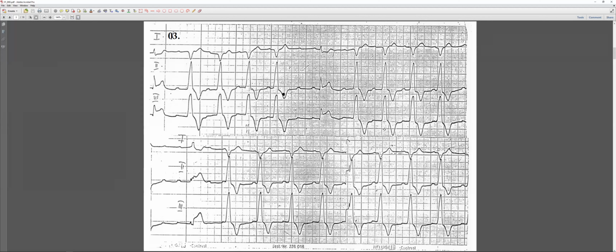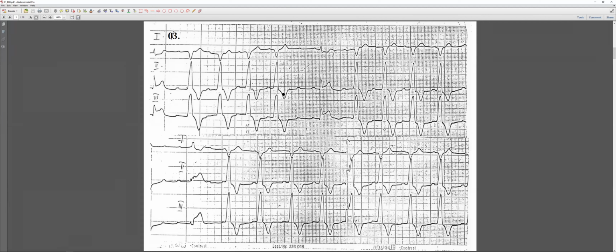Now, if you have an ECG that is mostly not conducted but sometimes conducted, this is called a block. What kind of block? AV block.